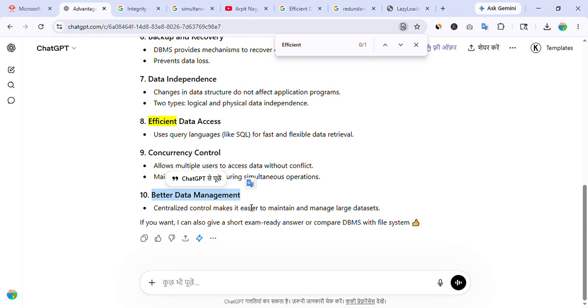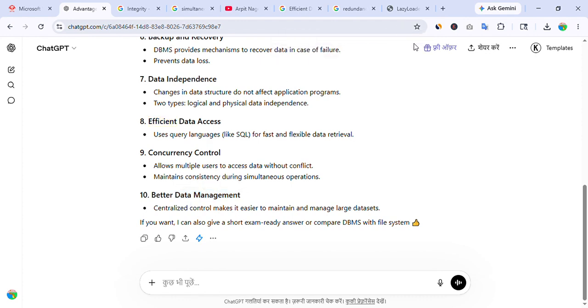If they do not have centralized control, they cannot manage the data, and this can cost companies very heavily. But due to database management systems, companies can manage their data very accurately. So basically data management is the core purpose of DBMS creation.